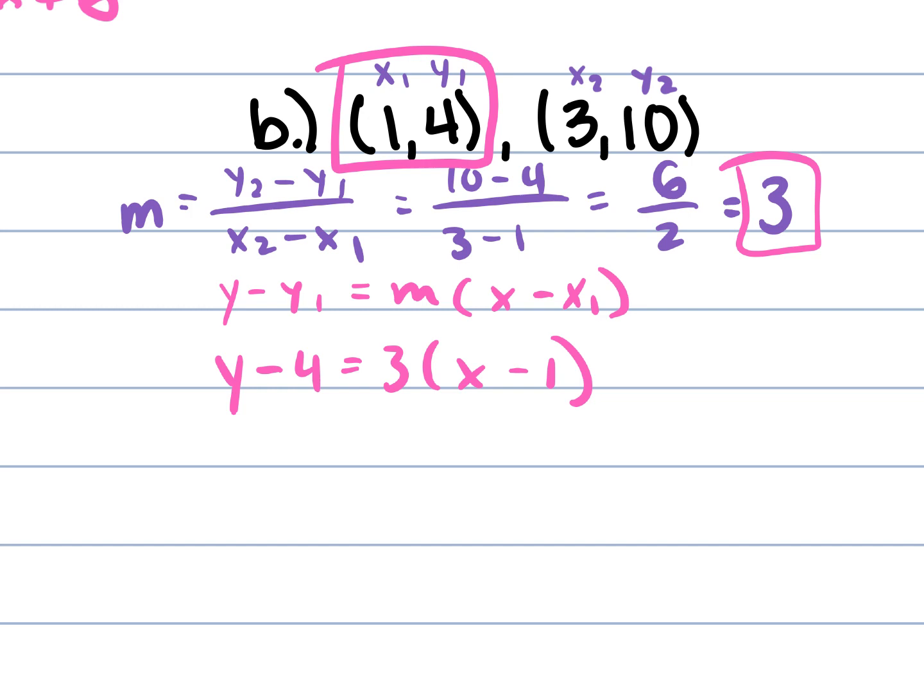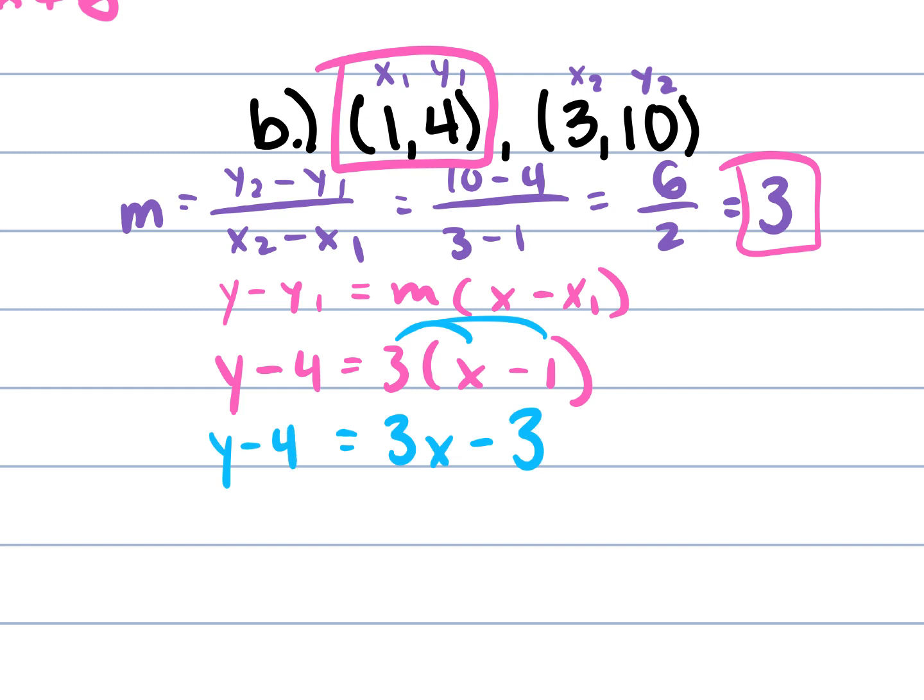Now, how do I get this to be slope-intercept form? Distribute. Awesome. So I distribute that 3 to both things in the parentheses. So it'd become 3x minus what? 3x minus 3, because you've got to multiply the 3 to the x and the 3 to the 1.